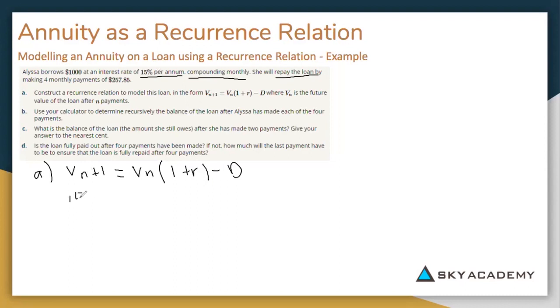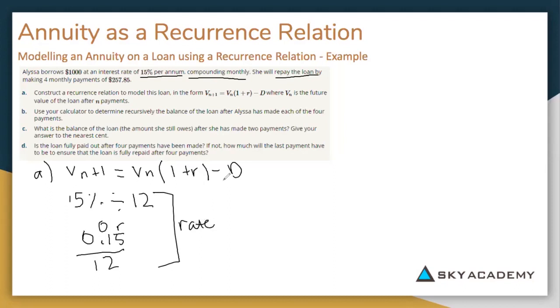So we do 15% divided by 12, or 0.15 divided by 12. These two, with the divided by symbol or as a fraction, are the same thing, and that's going to equal our rate.